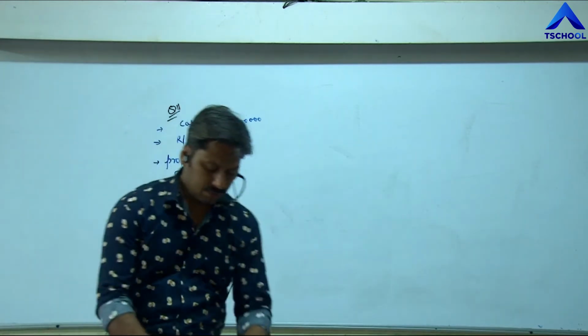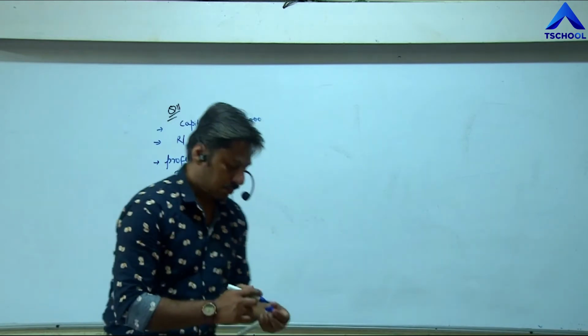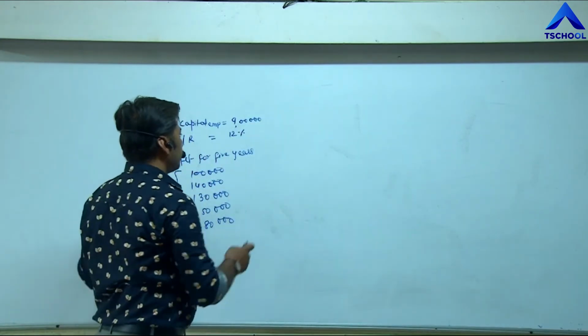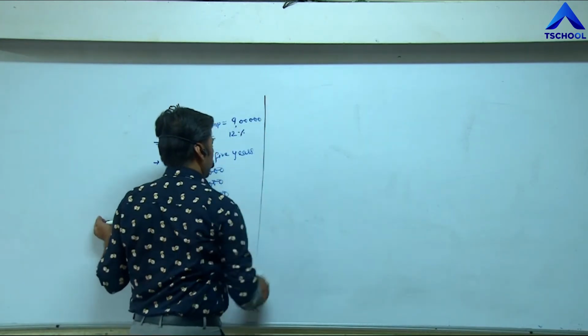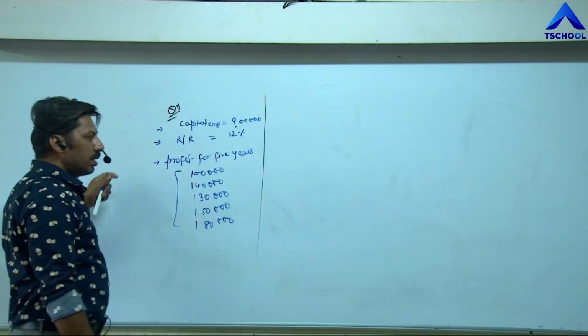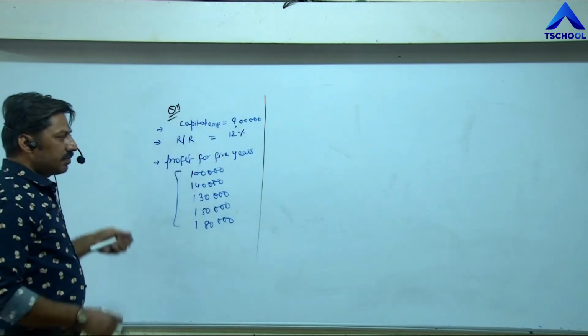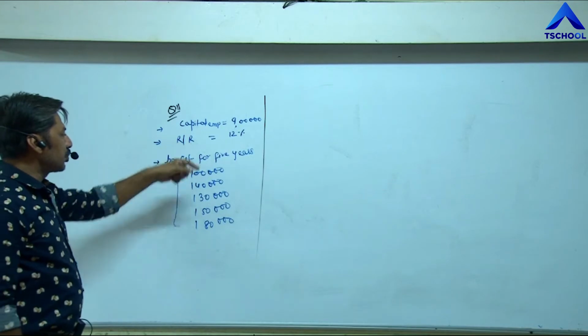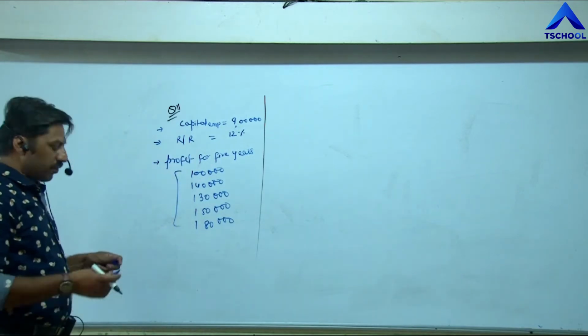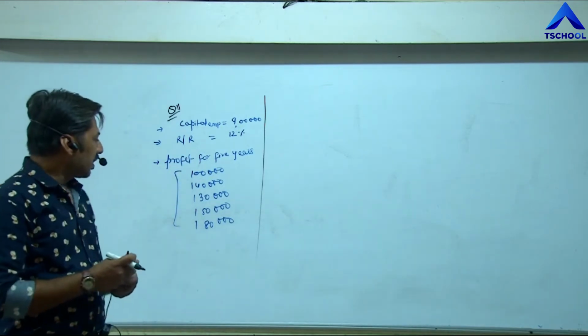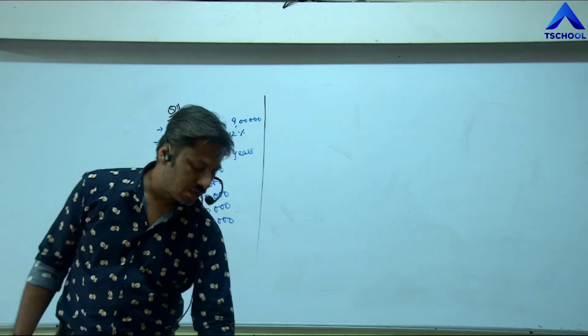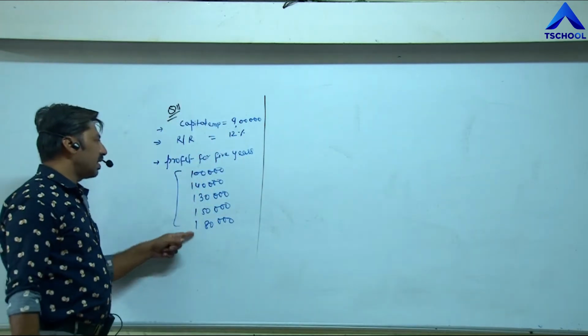Now, first step. This is the question: capital employed is rupees 9 lakh, the rate of return is 12%, and the profit for 5 years is given: 1 lakh, 1 lakh 40,000, 1 lakh 30,000, 1 lakh 50,000, 1 lakh 80,000.